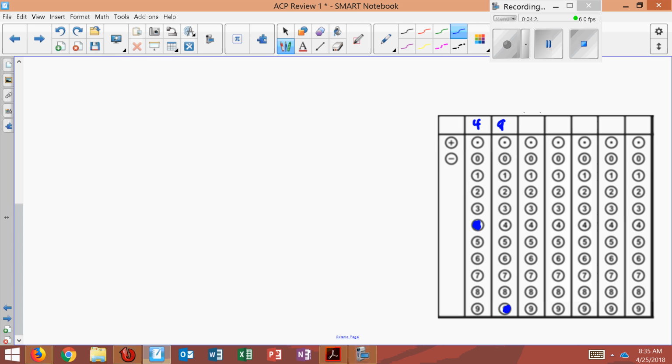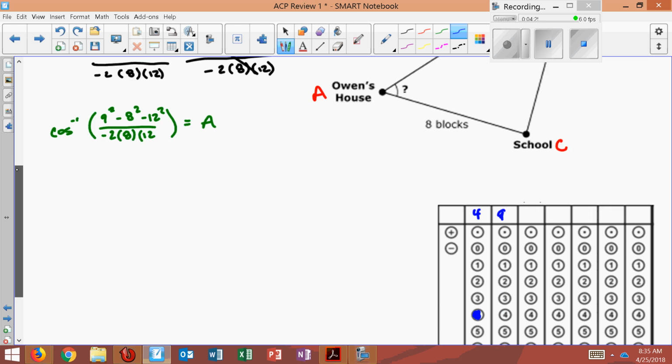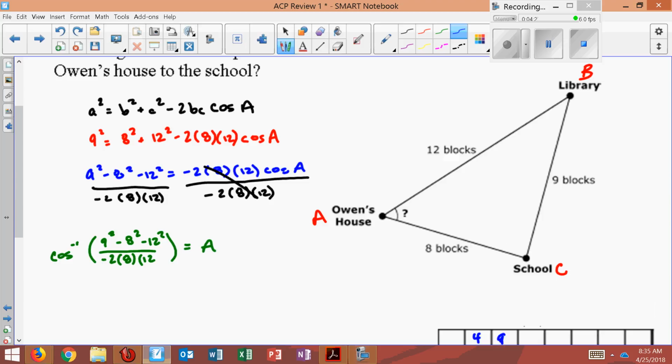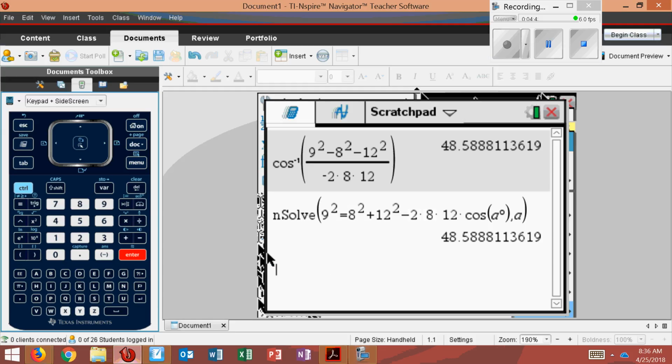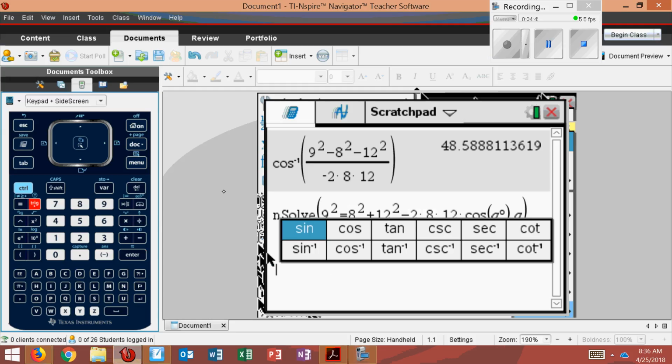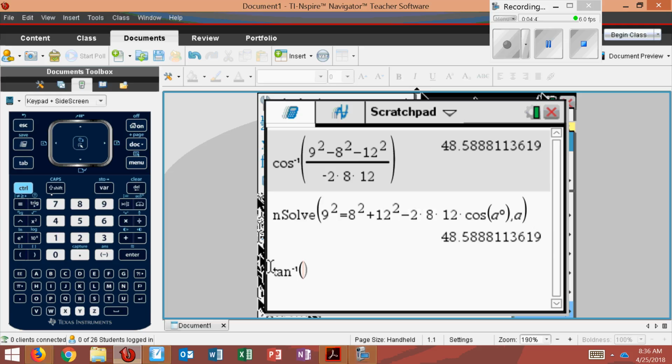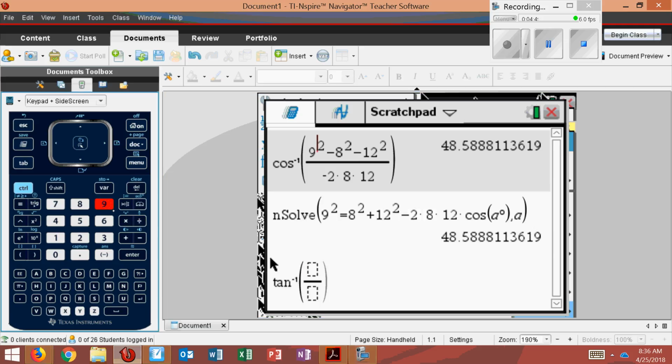But if you wanted to pretend this was a right angle, let's see what we would have gotten. Let's say we would have used tangent, which would be y over x. You would have had to pretend this is your right angle. And so you would have said that tangent of theta would equal 9 over 8. So we do inverse tangent of 9 over 8. Let's check that value real quick.